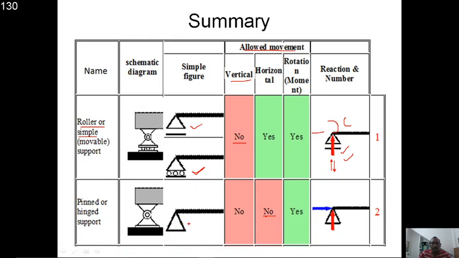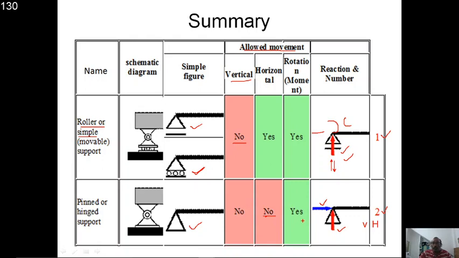The hinged support has been shown like this, and it has two types of restraints: vertical and horizontal. So the number of reactions available is two. For the roller or simple support, the vertical reaction is only one. Here it is vertical and horizontal, that is two.